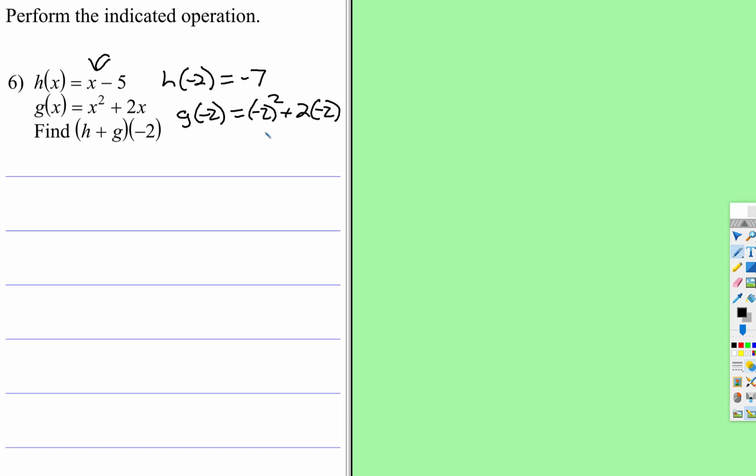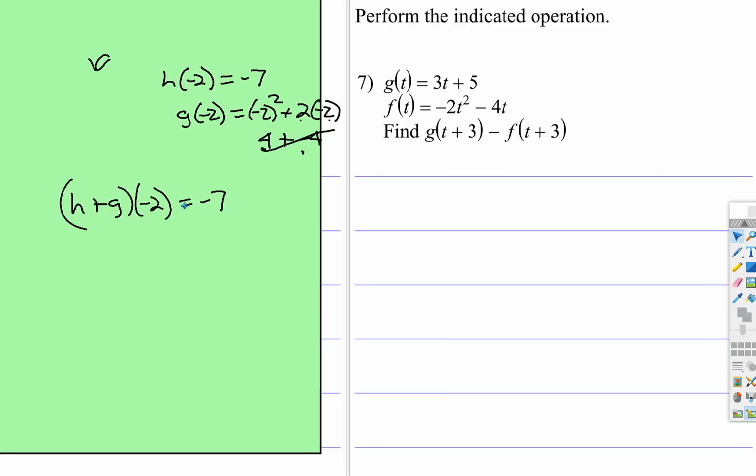Well, -2 squared is 4, plus 2 times -2 is -4. Those cancel. That means that h plus g of -2 is 0 plus -7, which is -7. So that's two different methods that you can do.